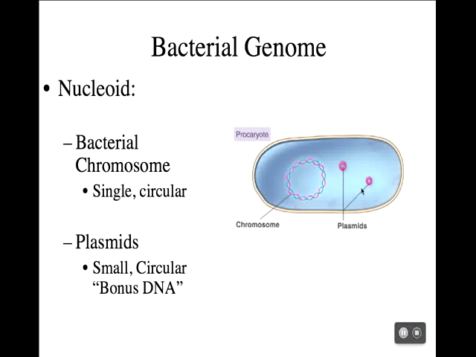So for example, I told you about bacteria that could be used in bioremediation, where you can sprinkle them onto an oil spill and they digest up the oil. Well, that's actually not a normal food source for those bacteria. In fact, normally those bacteria live on other food sources, but they happen to have plasmids that have the genes allowing them to digest the oil.